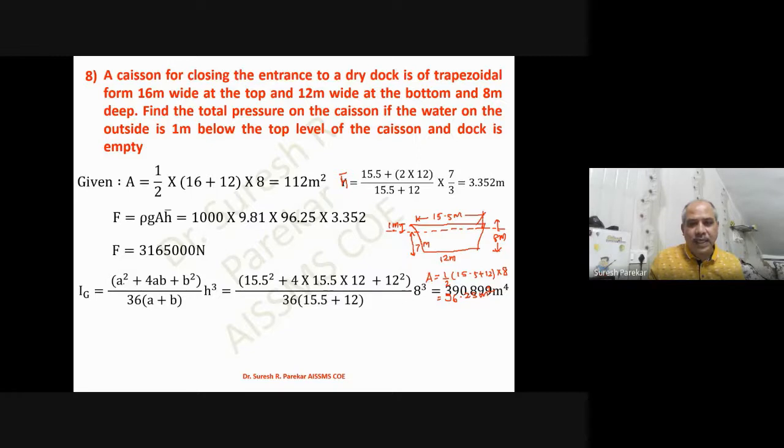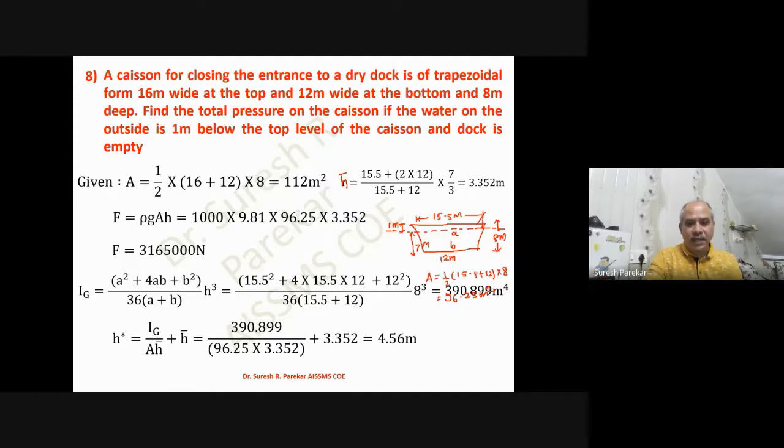And Ig for your trapezoid: we have Ig as (a square plus 4ab plus b square) upon 36 into (a plus b), where we have this as A and this as B, that is 15.5 and 12. And then we can find h bar, and h bar we will get as Ig upon A h bar plus h bar.